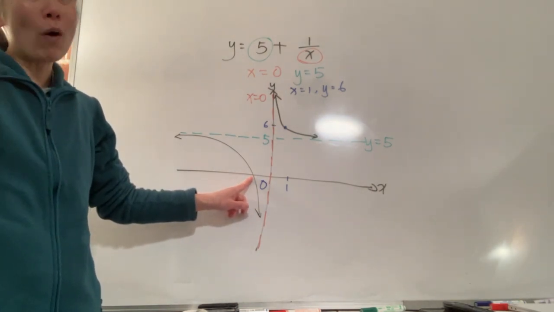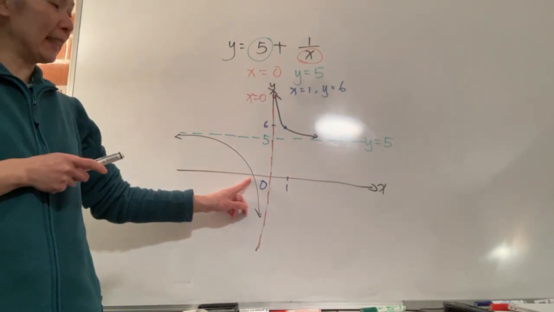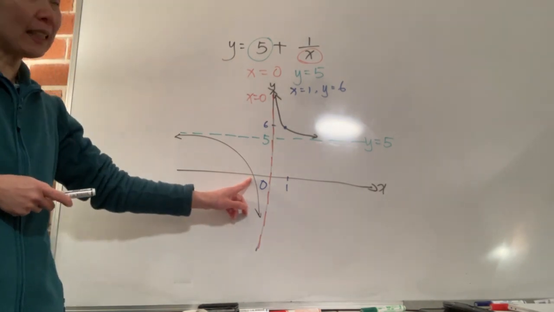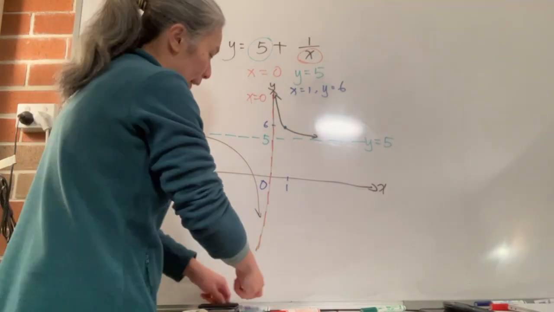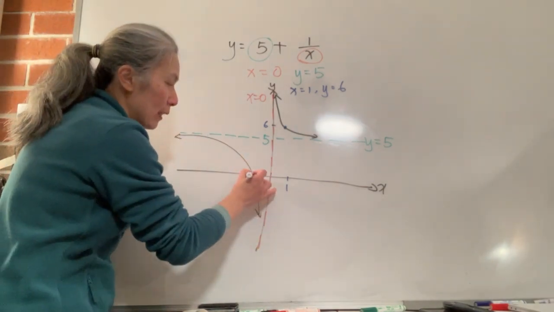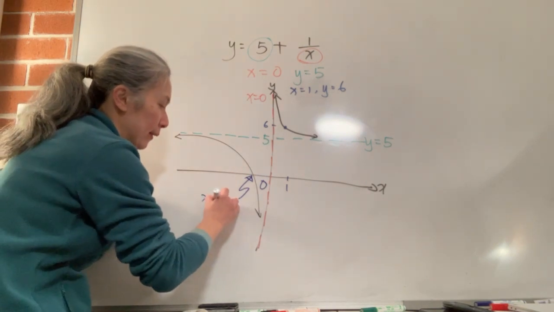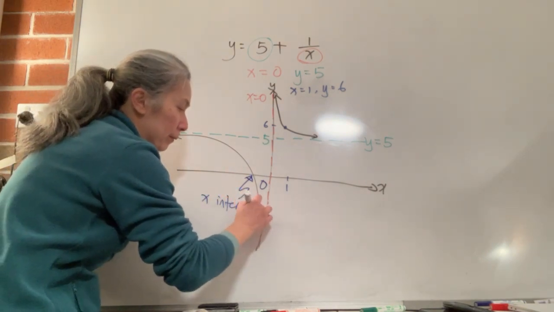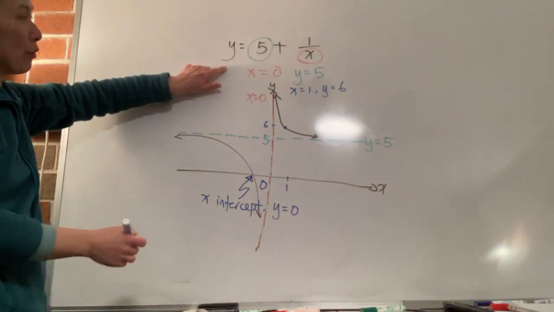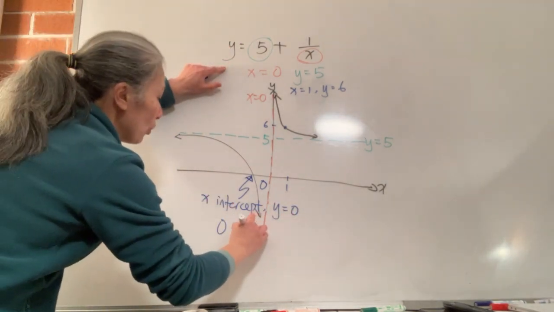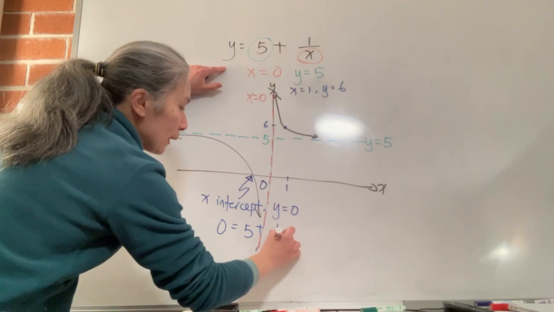Now instead of finding the y-intercept, can you find the x-intercept? Find the x-intercept, that means you are putting y equal to 0. This is your x-intercept. If I do that, I put it into here: 0 equal to 5 plus 1 on x.